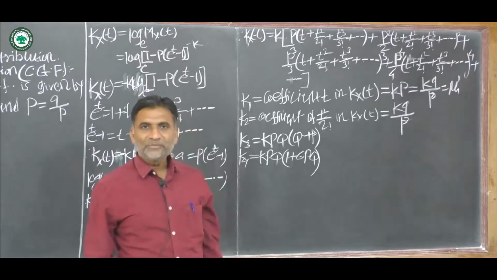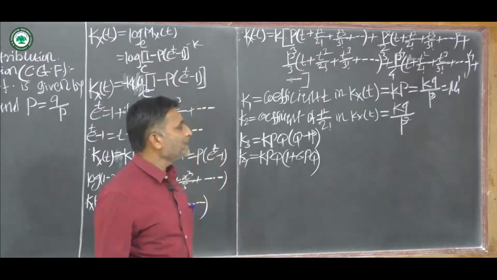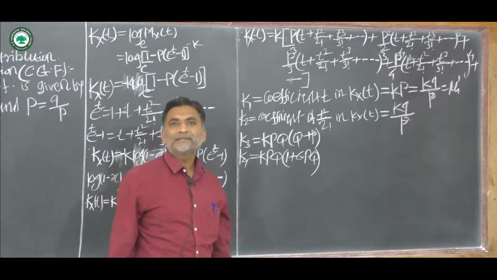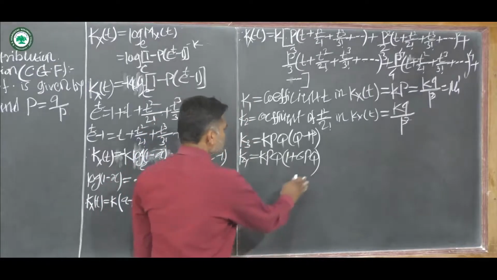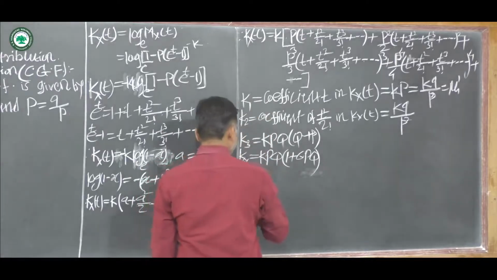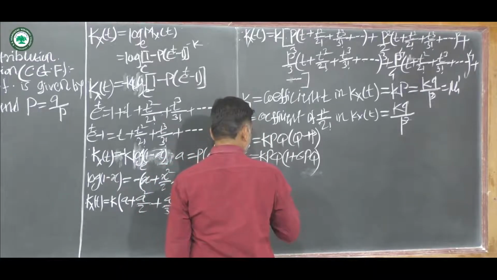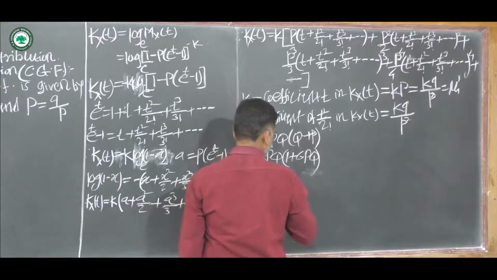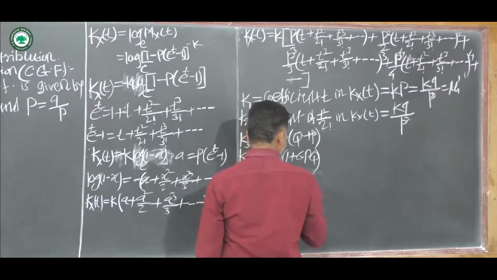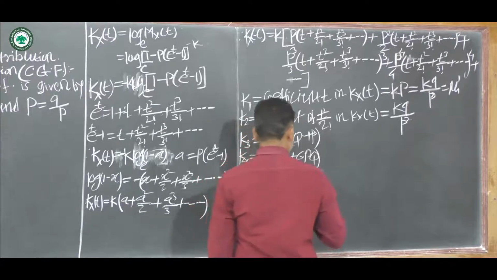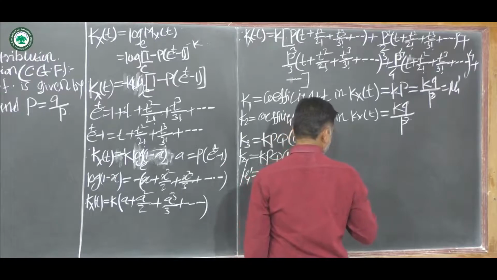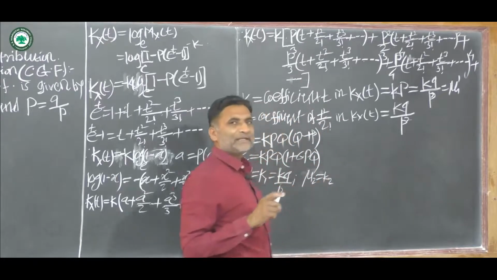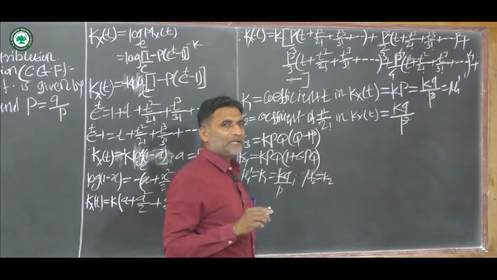Now we see the relation between cumulants and central moments, that is we obtain central moments using cumulants. Okay, then we know that mu1 dash is equal to k1, which is equal to kq upon p. Then mu2 is equal to k2. Second order central moment is equal to the second order cumulant.